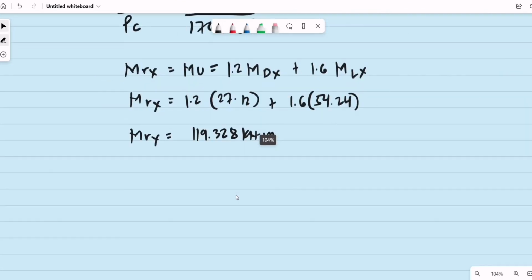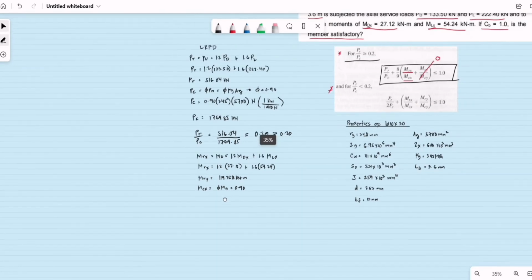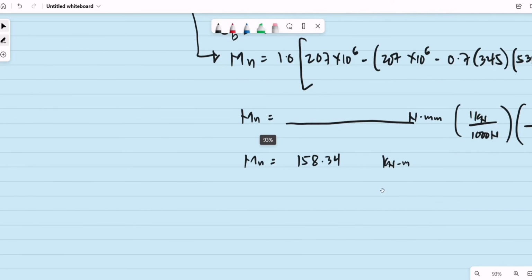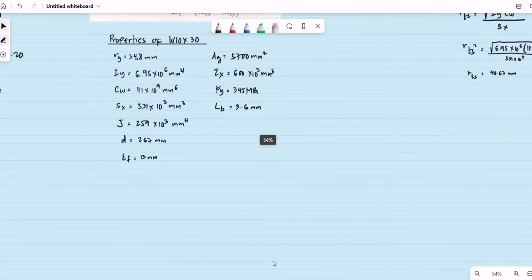Then for the value of M sub cx, M sub cx is basically equal to phi multiplied by the value of M sub n. The reduction factor for LRFD is 0.90. Our section is under zone 2, and for zone 2, its nominal moment capacity is 158.34 kilonewton meter.